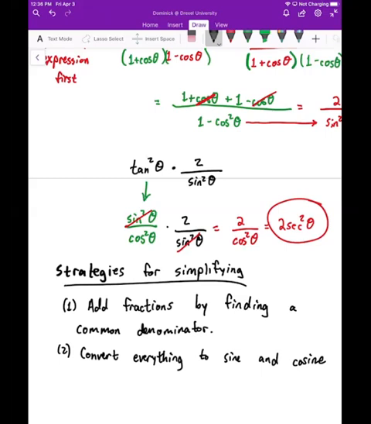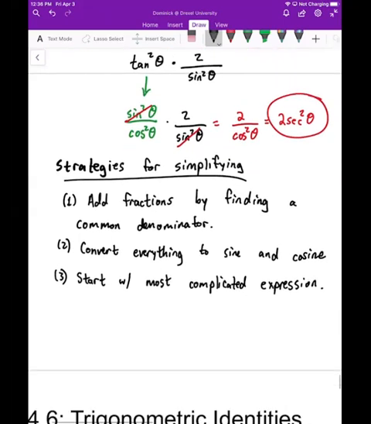And another strategy is to start with the most complicated expression. Finally, the last thing is if something doesn't help, try something else.